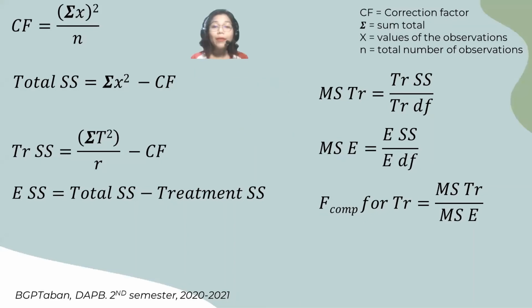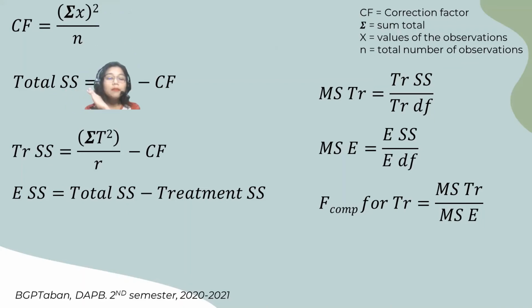So for our equations, remember, first we need to get the summation of x, or the summation of the values. We should also know what the sum of squares and the square of a sum are. To compute the CF or correction factor, we get the square of the sum over n. N is the total number of observations.